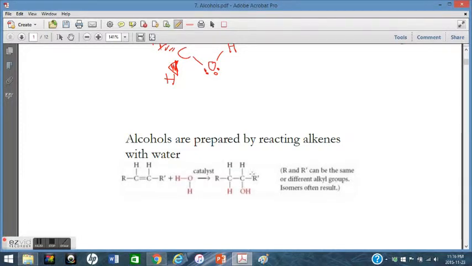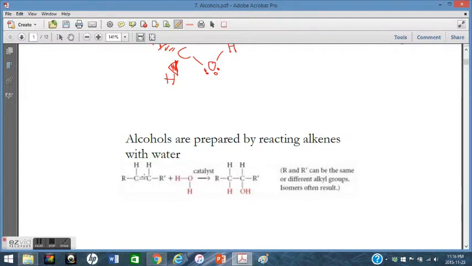Now, how do we make alcohols? We'll talk a little bit more about these, but it's an addition reaction. We can actually react alkenes with water.